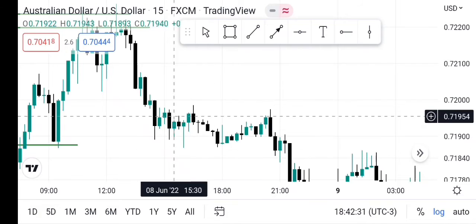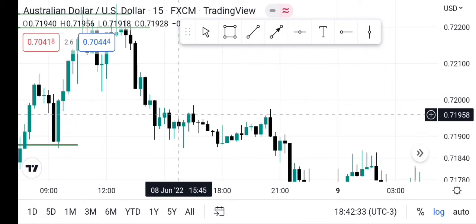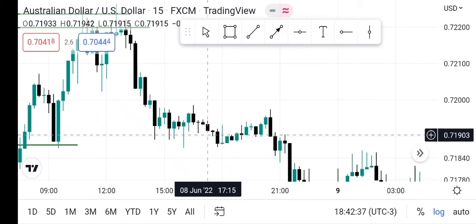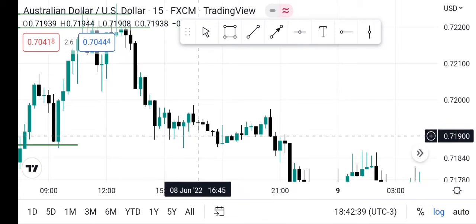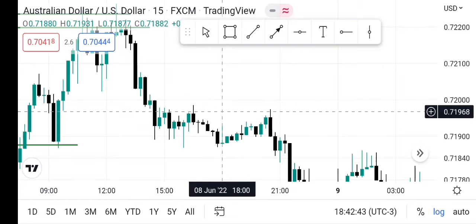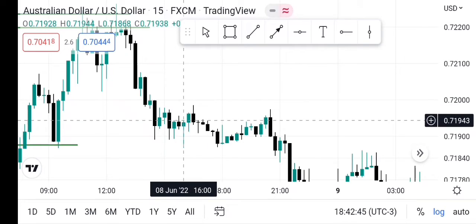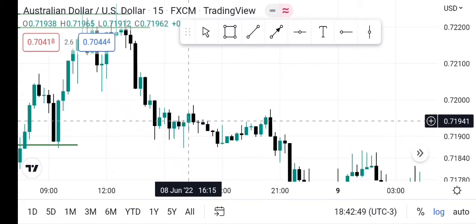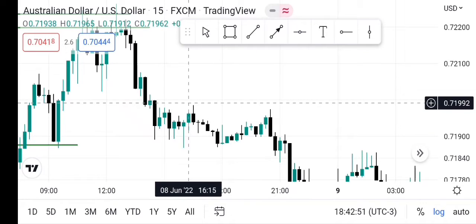So based on the fact that, as you can see, this market is now in a bearish formation, we would now look at this candle here, the bullish candle. Look at this bullish candle right here, the one that makes this swing high. We'll take the low of that bullish candle.